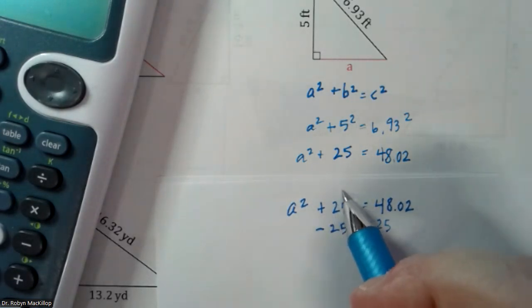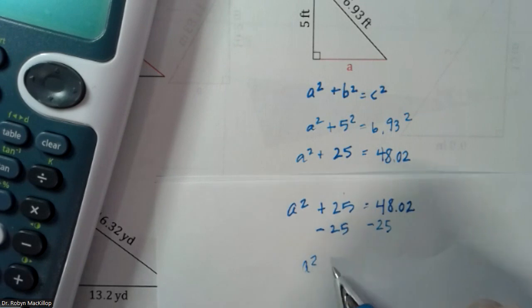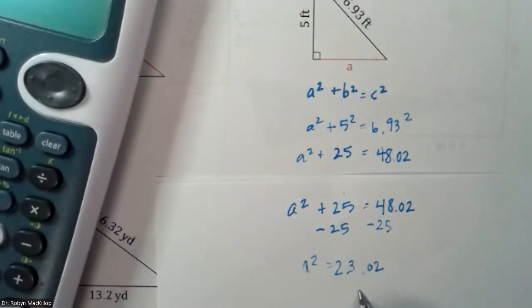Now these are gone. And that leaves us A squared equals, and then that's going to be 23.02. 8 minus 5 is 3, 4 minus 2 is 2. So now we have A squared.